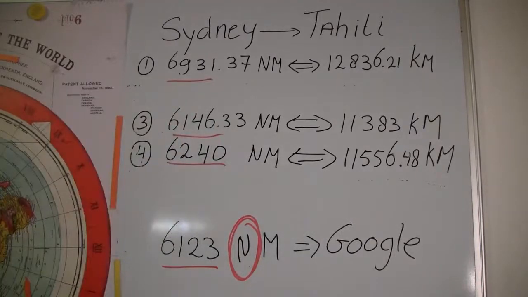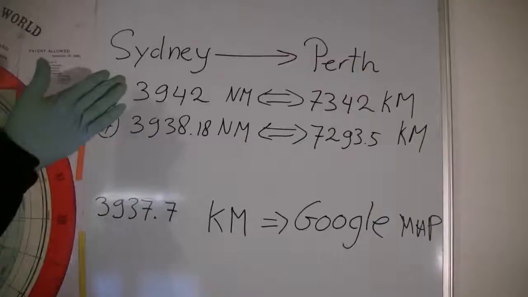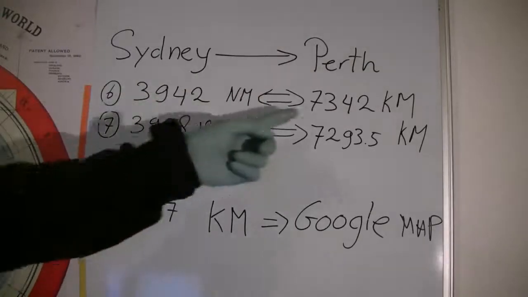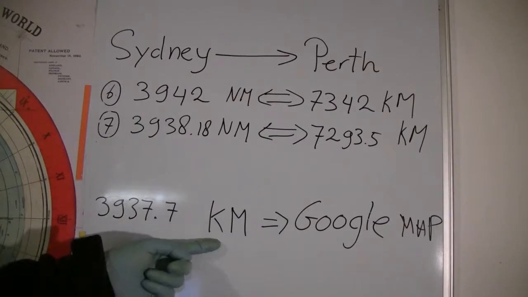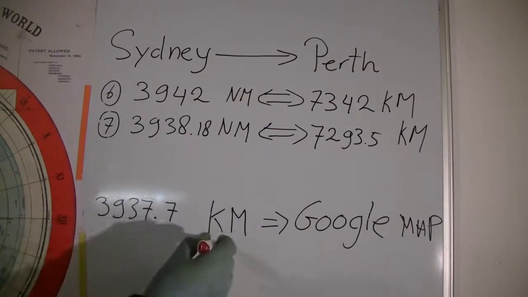The next measurements are from Sydney to Perth. The distance we measure from Sydney to Perth, nautical miles and in kilometers, and this is the distance in Google, kilometers. Wait a minute, is this a coincidence?